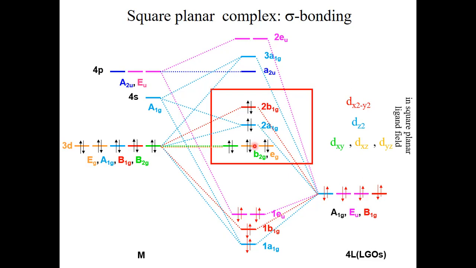The results are, however, not exactly the same. The results are exactly the same for the dx square minus y square and the dz square orbital. In the crystal field theory picture, we saw that the dx square minus y square has the highest energy, and the dz square has the second highest energy.